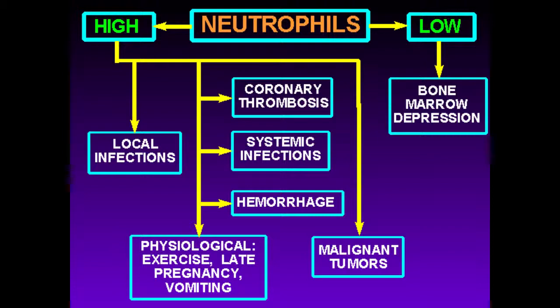Or perhaps they are increased as a result of a physiological cause, as seen after exercise, a late pregnancy, and other conditions. Of course, the presence of vomiting and a hemorrhagic condition is obvious. There is only one reason neutrophils are low, and that is bone marrow depression.